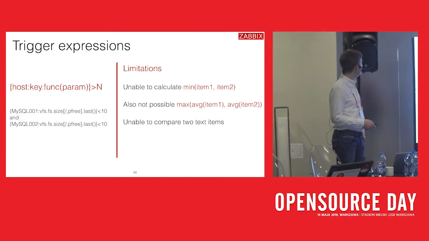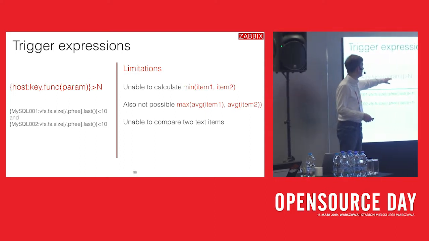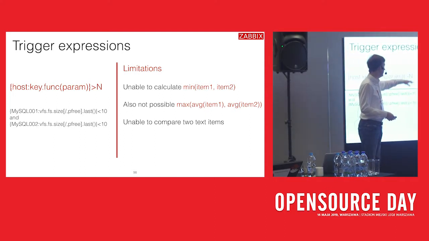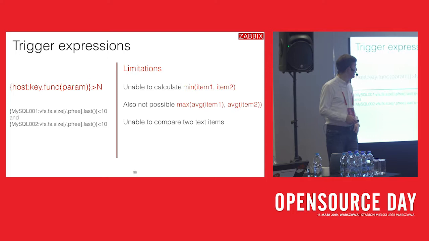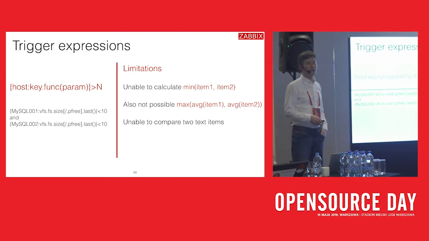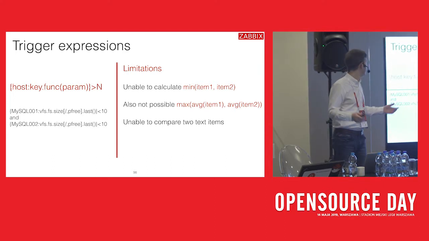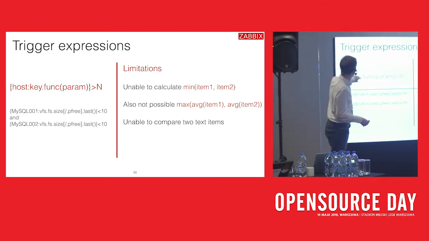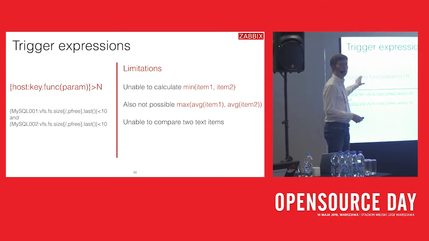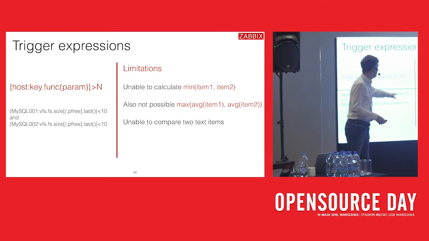So if we have a look at trigger expression, this is a very typical trigger expression. Host, key, function, some parameters equal to something, and we may use a formula like this. Something and something. And there are some limitations. For example, we cannot calculate minimum of 2 items. It's not possible. We use quite an object-oriented approach. This is our object, host key. It's a reference to a metric, and then we apply a function, like last or minimum or average.